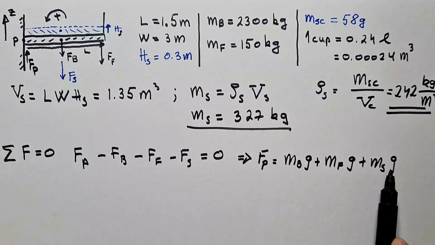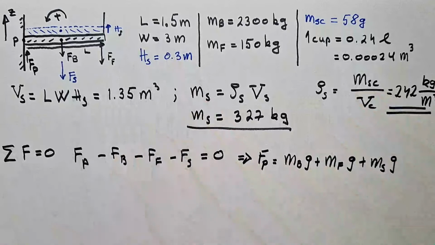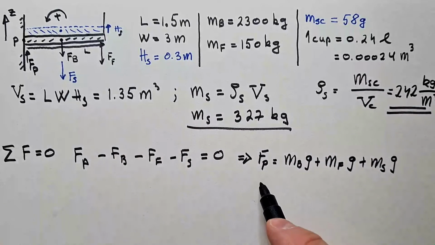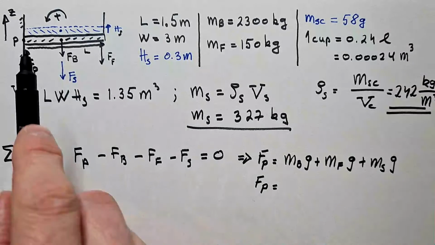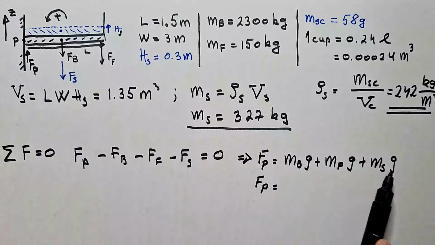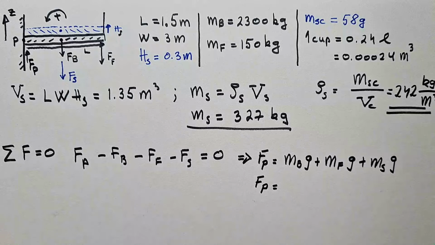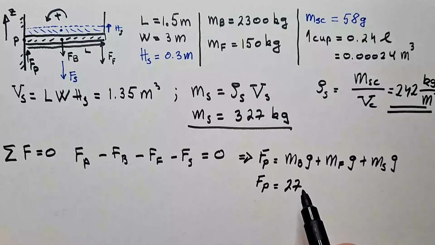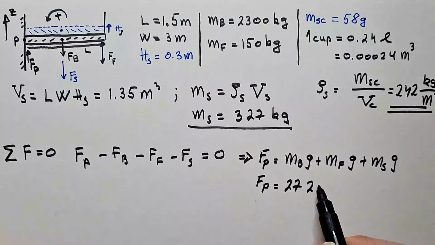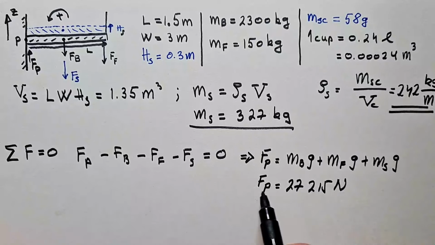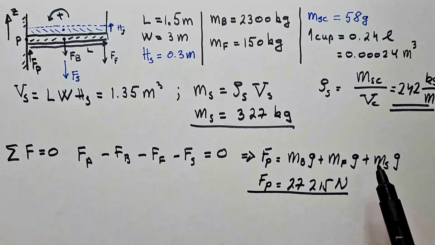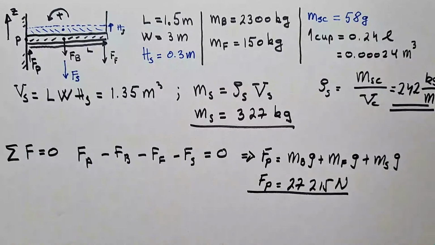Now we can just plug in these numbers and see that the force necessary at the attachment to counterbalance these three forces is 27,215 newtons. That is a lot of force that needs to counterbalance these three.